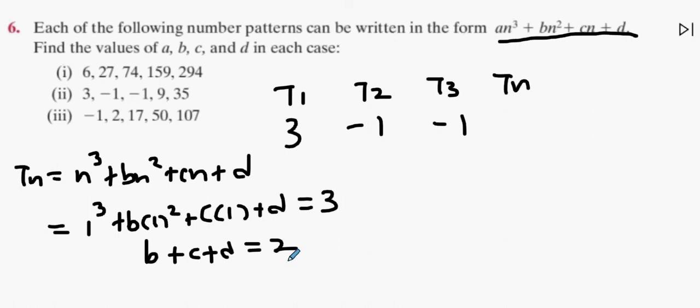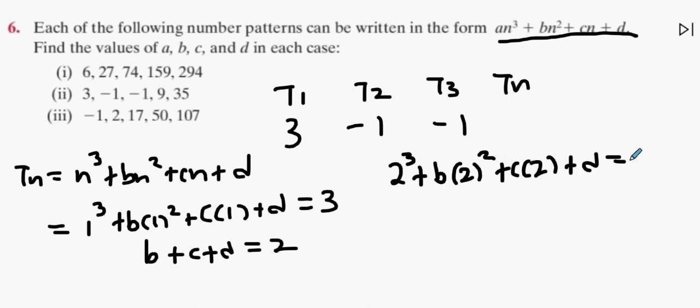Alright. The next one is when n equals 2. So we're going to go for 2 cubed plus b times 2 squared plus c times 2 plus d, and this time it equals minus 1. You're going to get 4b plus 2c plus d, and that will equal minus 1 minus 8, which is minus 9. We good so far?